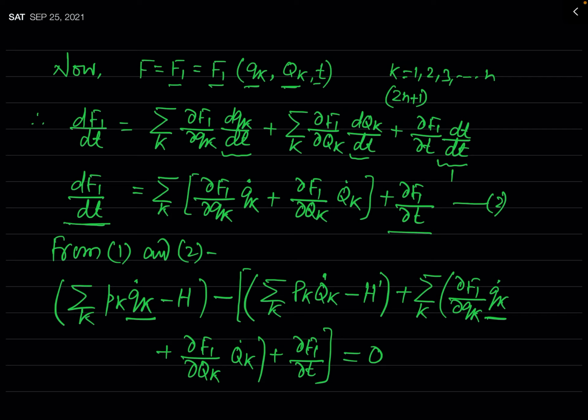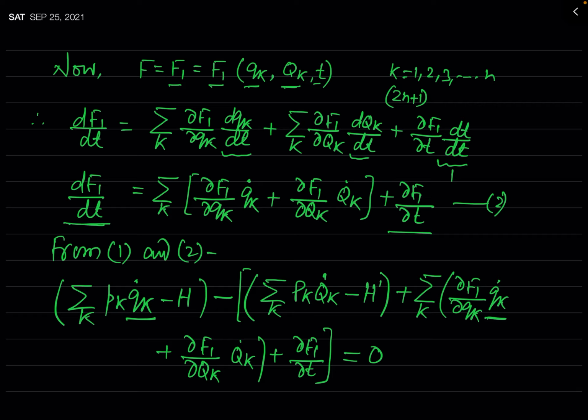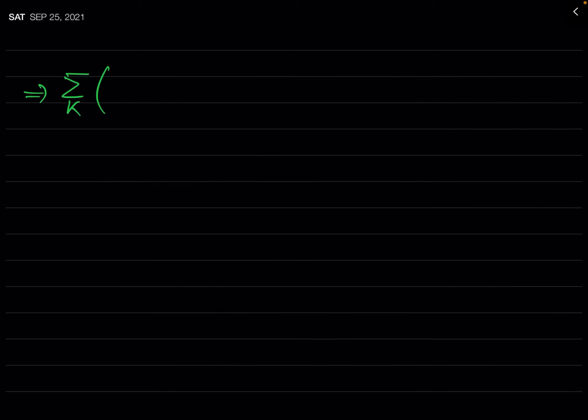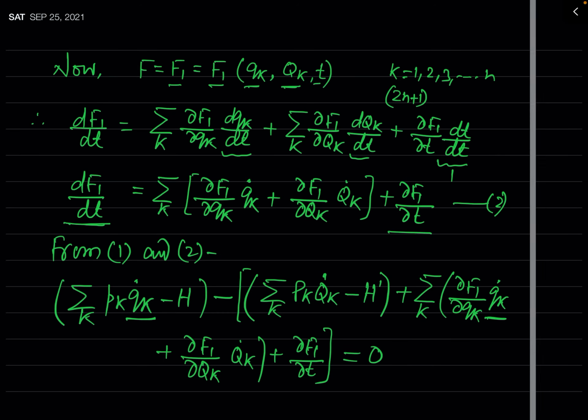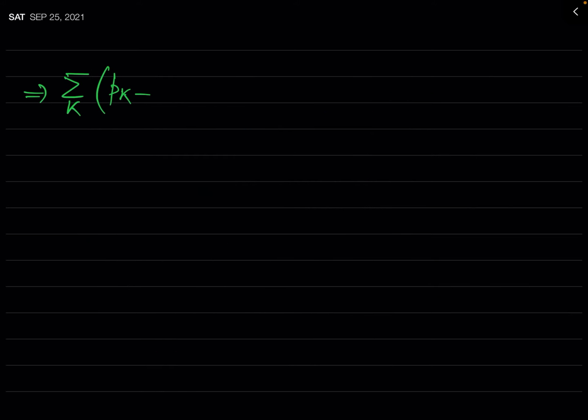So you can write summation over k pk, and when you associate this, since here is a minus sign, this term will become minus, so there will be minus del f1 by del qk, and qk dot is a common factor.